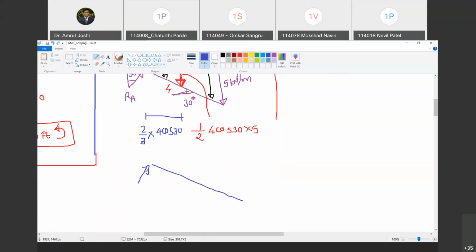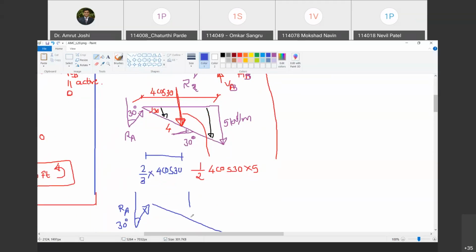This is the RA free body diagram, which makes an angle of 30 degrees with vertical. Happy? Yes, sir. Then you are going to have HA and VA, and HB and VB are shown like this. Do you agree with me?